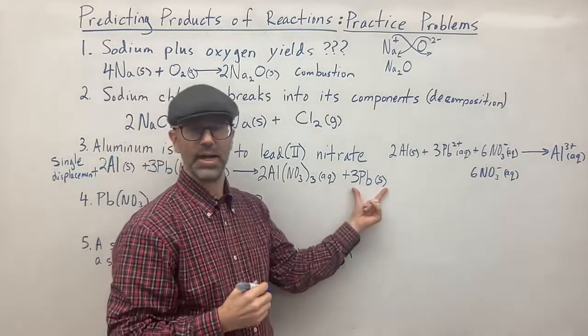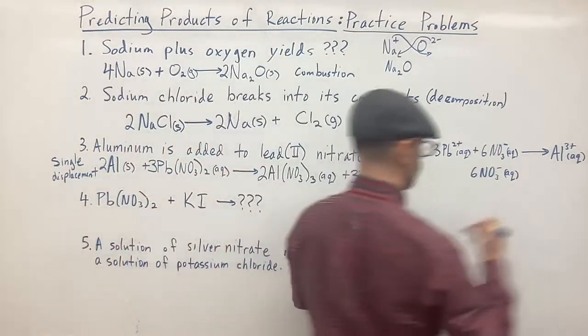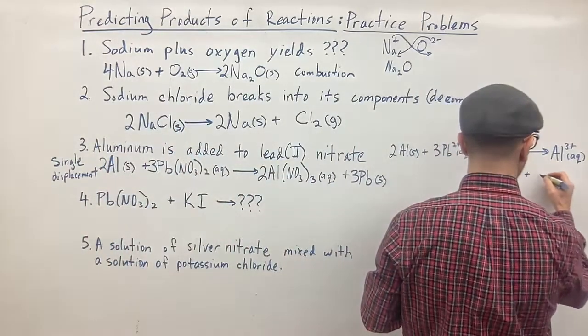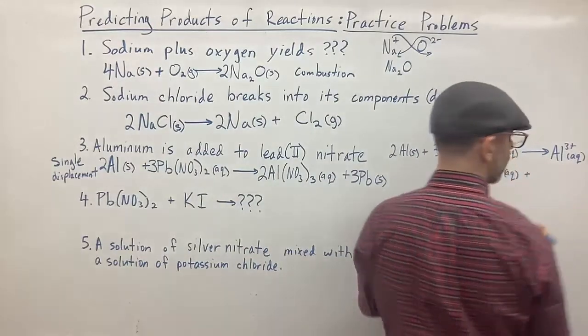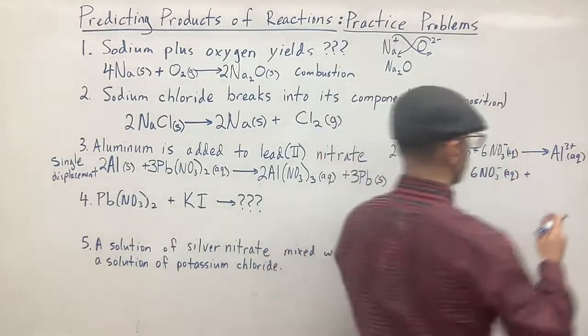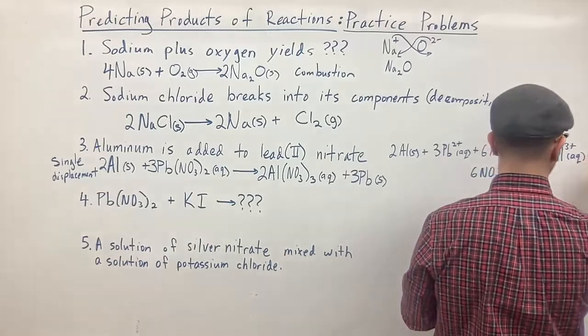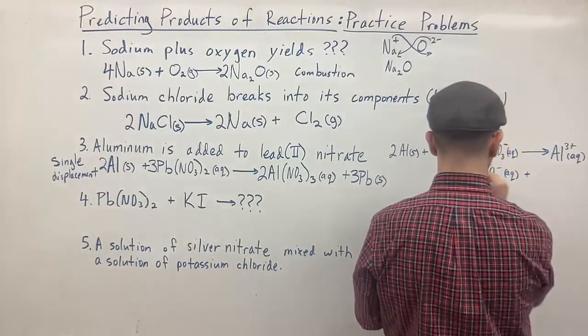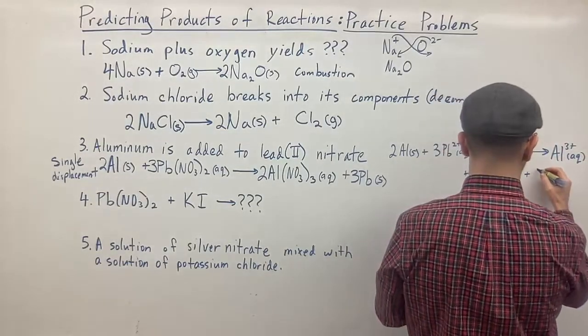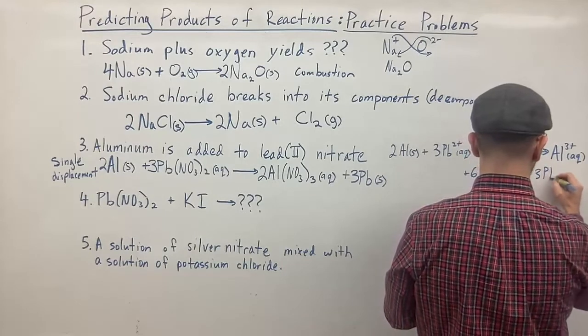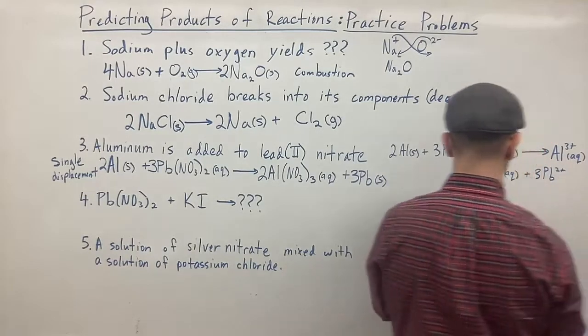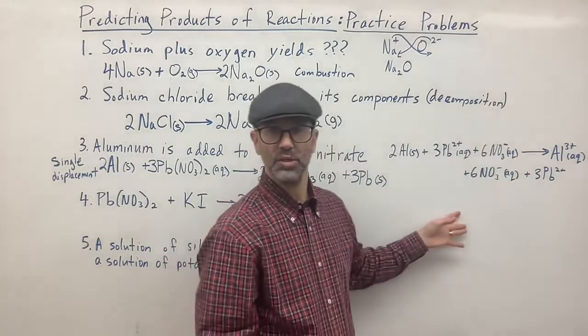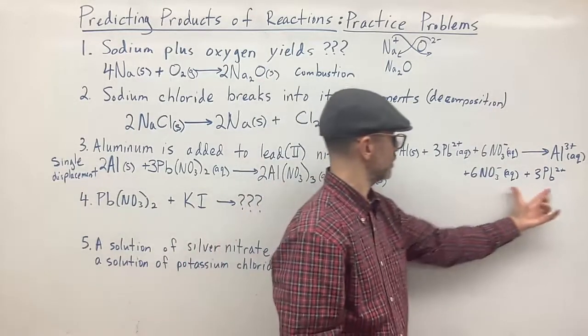And then I have my 3 lead atoms. So that would be plus. I'll put a plus there. And then I have my 3 Pb 2 plus. So here are my products.